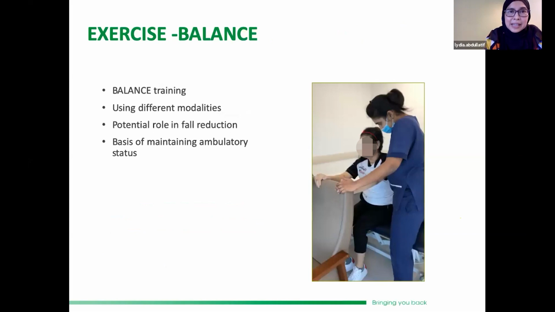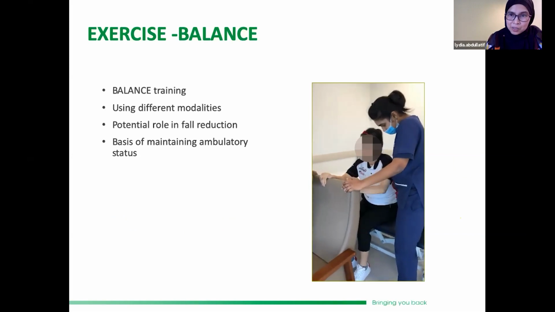The third type is balance. Balance training is very important, and you need to use different modalities. Like just now, you saw the cube on the floor. If you are walking but you do not have balance, this is a potential recipe for a fall. So you must have balance training because it serves as a basis for maintaining ambulatory status.